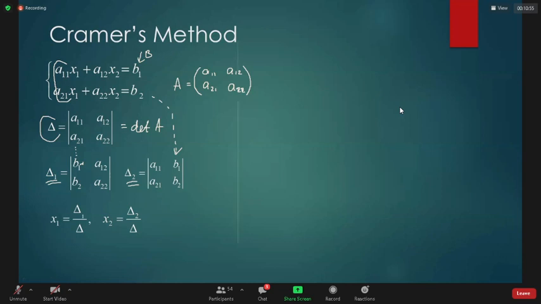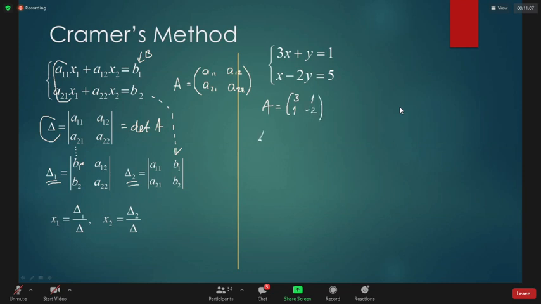So first of all, an example, this one. The system matrix would be 3, 1, 1, minus 2. The system determinant, 3, 1, 1, minus 2, is minus 6, minus 1, that's minus 7. Now the determinant for x, I'll write delta x.